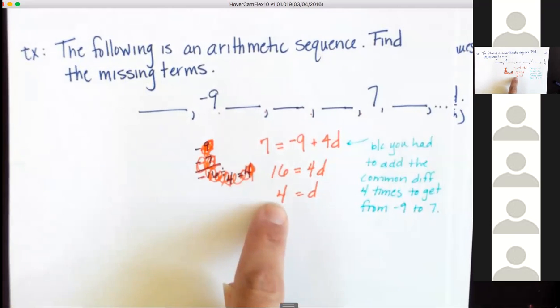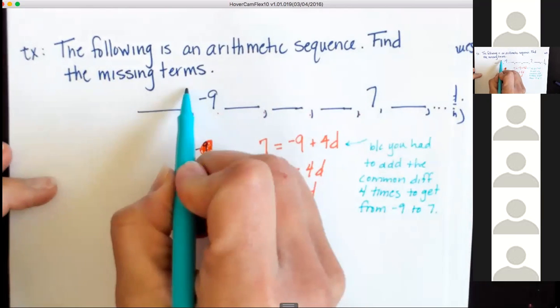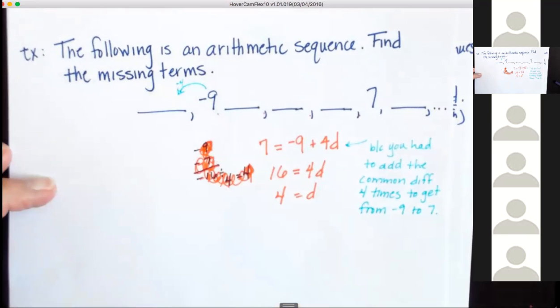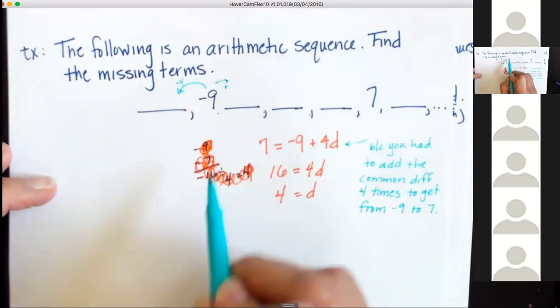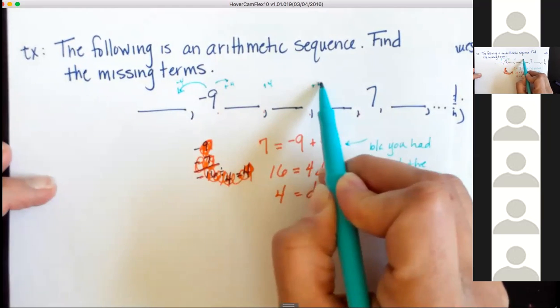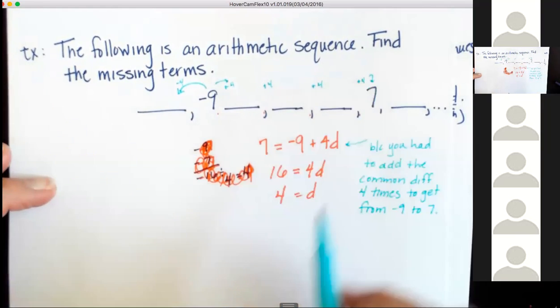So that meant whatever I did, I would have to then, to get back here, subtract 4. And to get to the next one, I would add 4. And then I would add 4. And I would add 4. And I would add 4. And that's how we got to the 7.